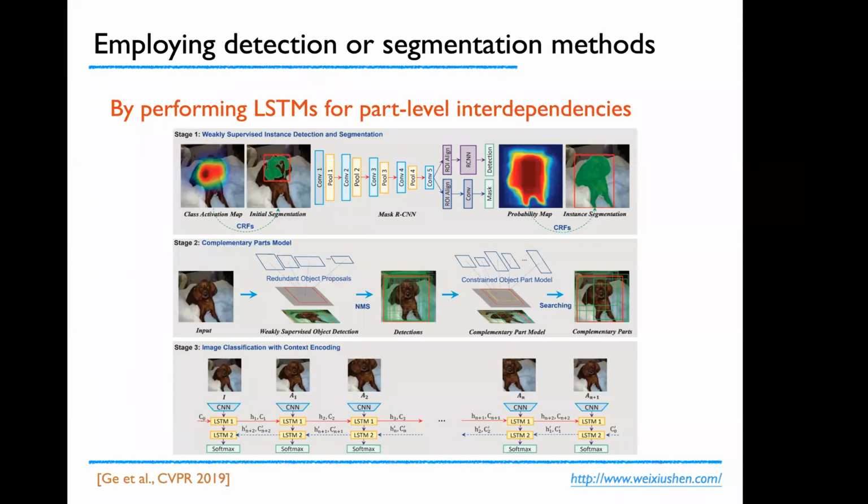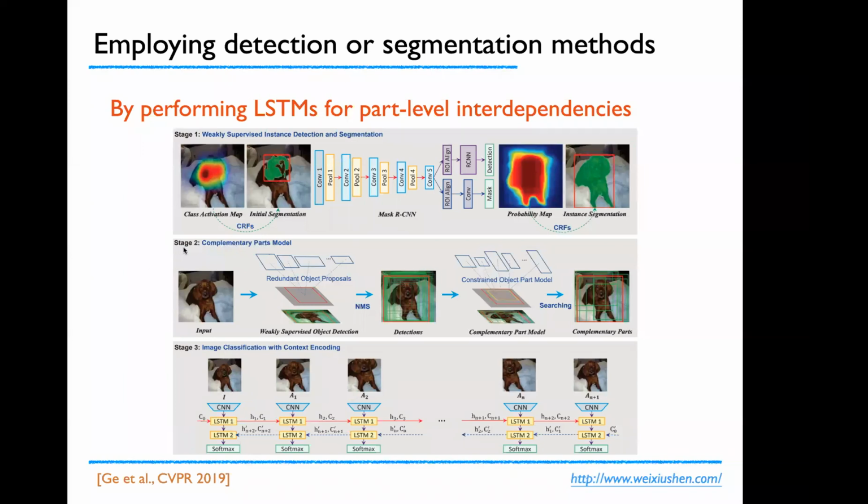As shown in this pipeline, the first stage is weakly supervised instance detection and segmentation, and they use some advanced detection or saliency-based detection methods like CAM or Mask R-CNN. After that, we can obtain the object parts or object proposals.